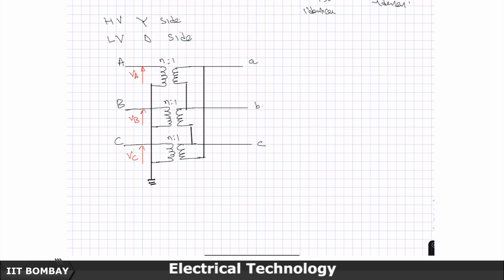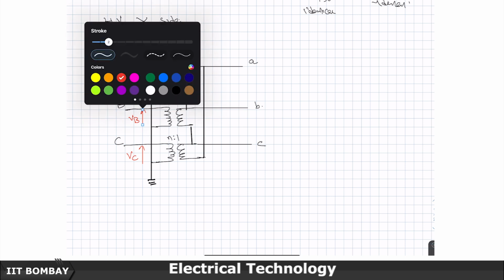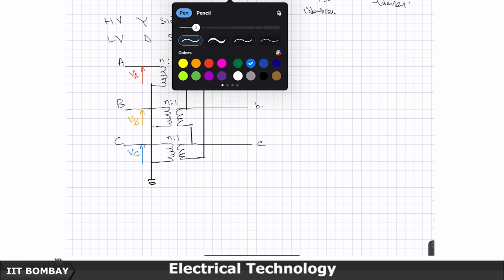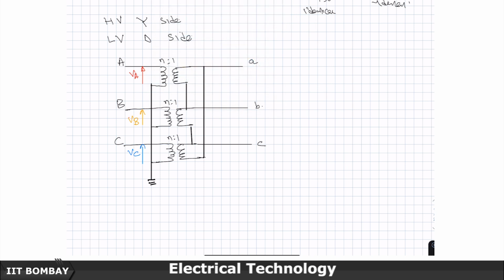I will use small va, vb and vc for the low voltage side. Now, what is this voltage therefore?